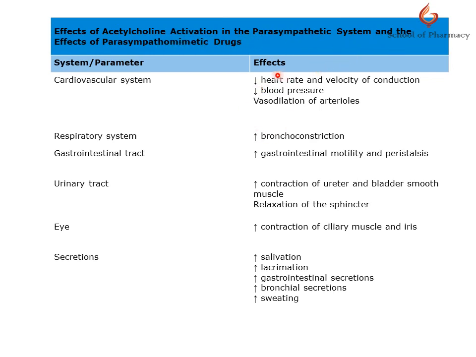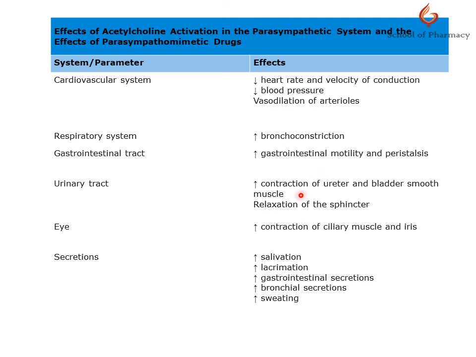In the cardiovascular system, as we have already done in previous slides, heart rate decreases, velocity of conduction decreases, blood pressure decreases. In the respiratory system, bronchoconstriction increases, meaning constriction of the air passage. In the gastrointestinal tract, motility and peristalsis increase. We have already discussed that stomach and intestine activity increases.